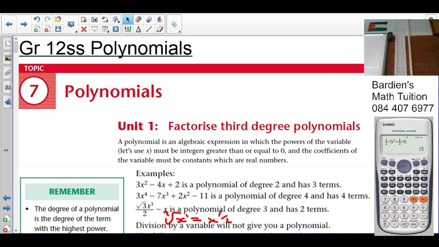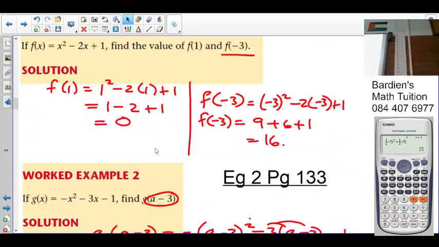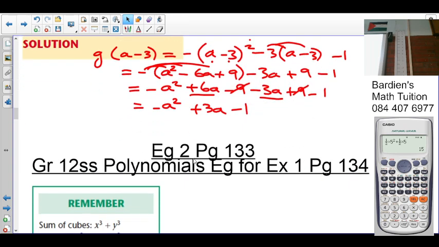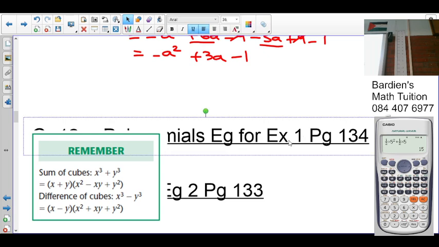So today we're looking at polynomials. We're doing exercise 2. Let's copy this.